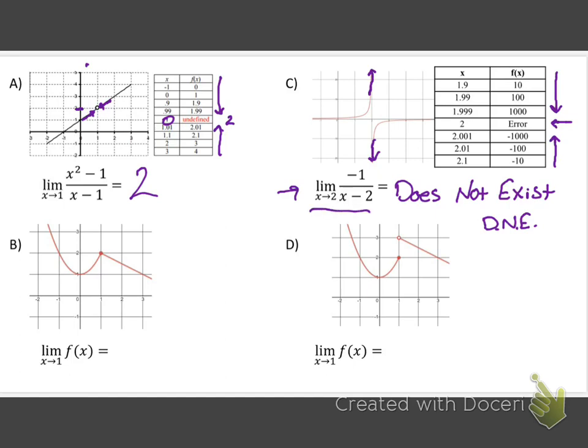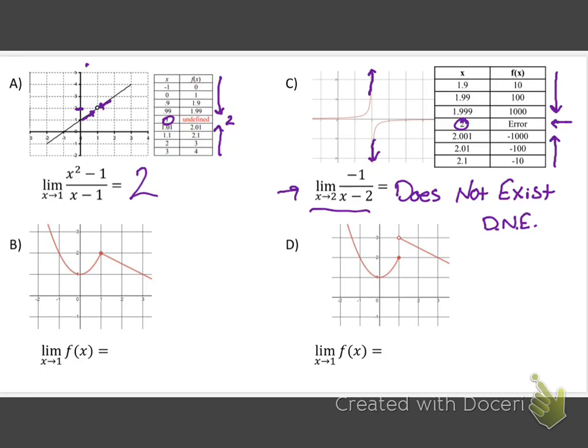There's a 0 in the denominator, but it turns out to be a vertical asymptote, and more importantly, from both sides, if we consider going into x equals 2 from both sides, it's going to different things, and that is the reason the limit does not exist. It doesn't matter necessarily that they're going to different infinities. All that matters is they're going to different things.